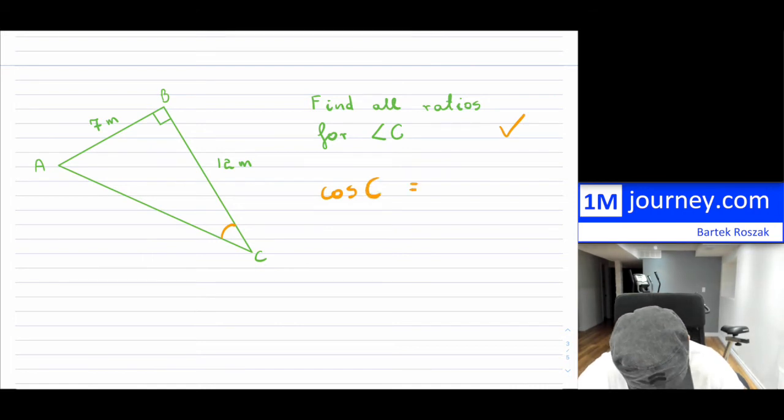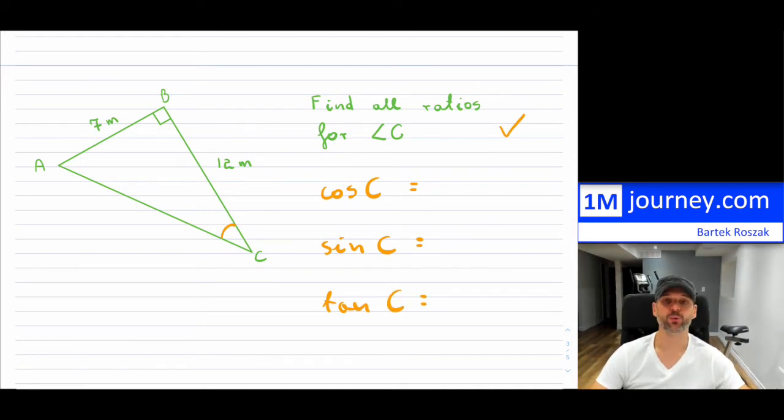So what is that angle? We want to know what the sine of C is. What is that ratio? What is tan of C? We want to know what that ratio is. Once you have those ratios, all you have to do is find the reciprocals.